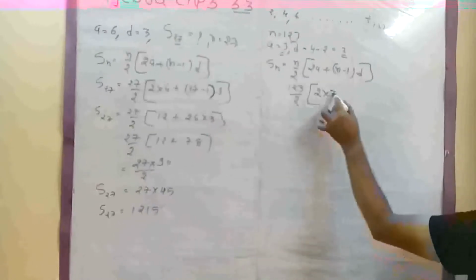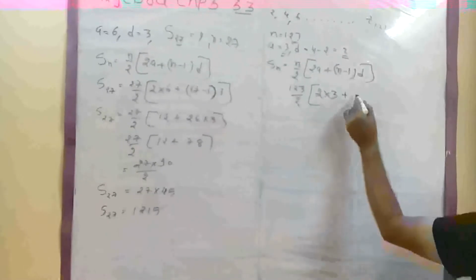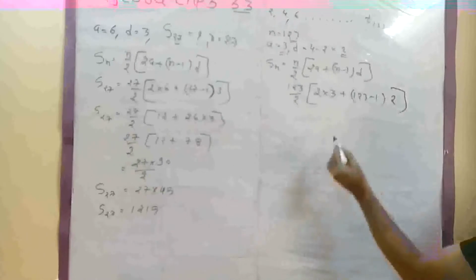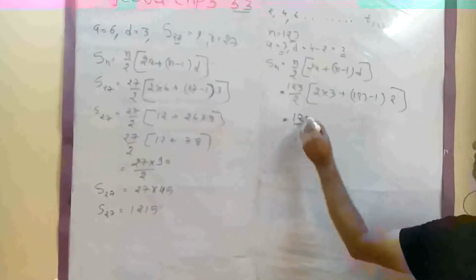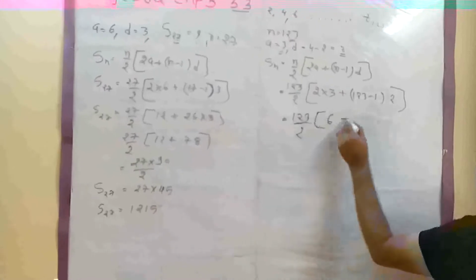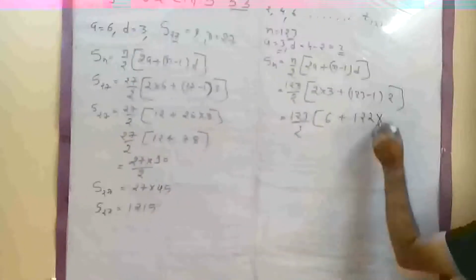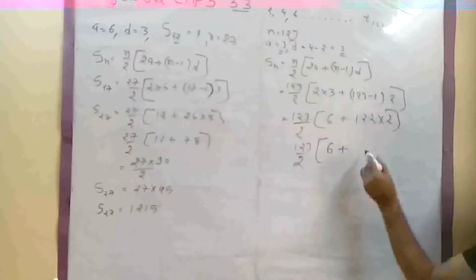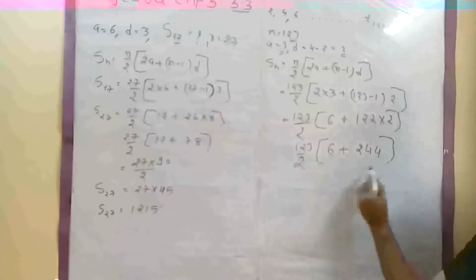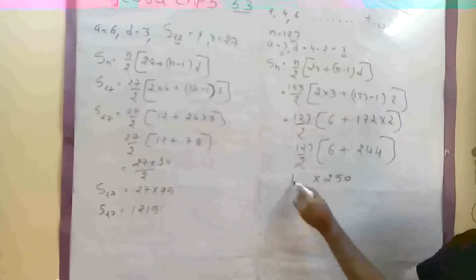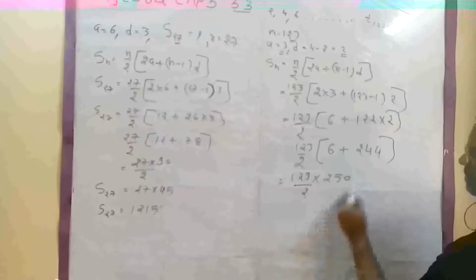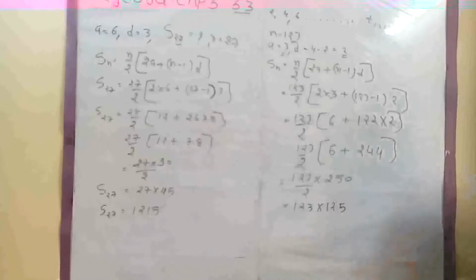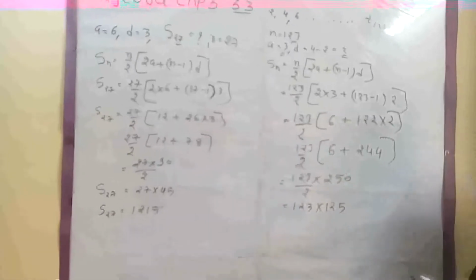2 into a, correct, plus 123 minus 1, difference is 2. 123 divided by 2, 2 times 2 is 4, plus 122 into 2, that is 244. So 123 divided by 2, 4 plus 244 is 248, and it is 250 into 123 divided by 2, half. 123 into 125, correct.